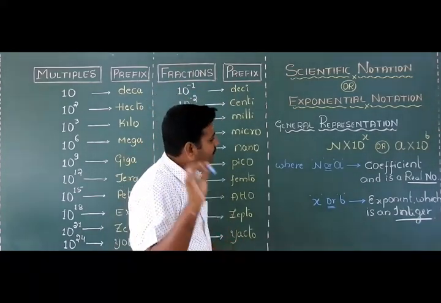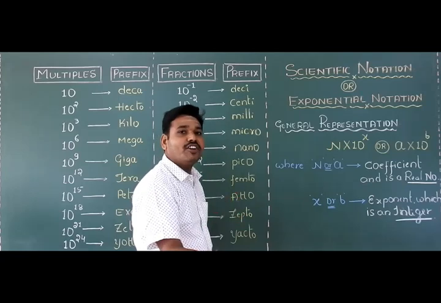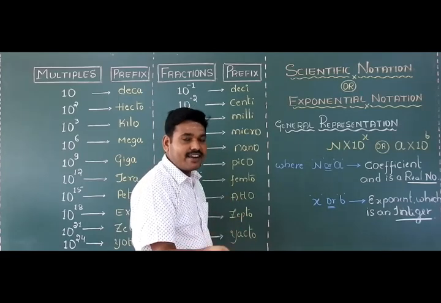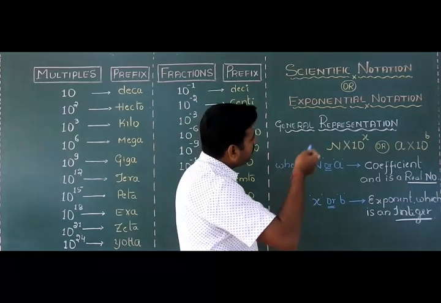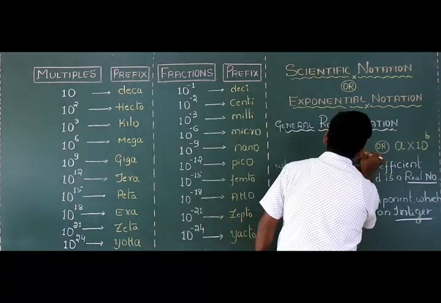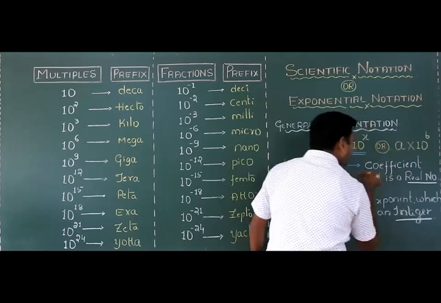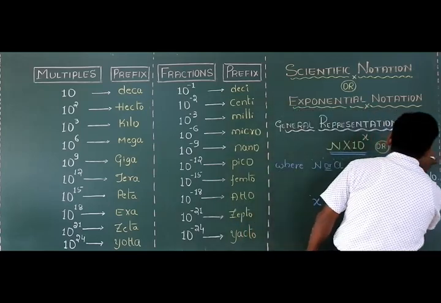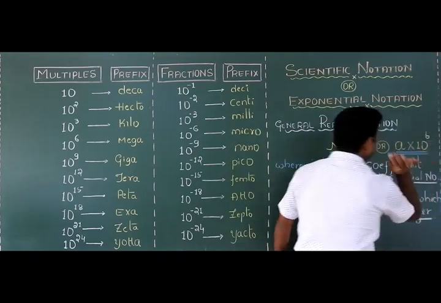The general representation for the exponential notation is N into 10 to the power of x, or we can write it as a into 10 to the power of b.